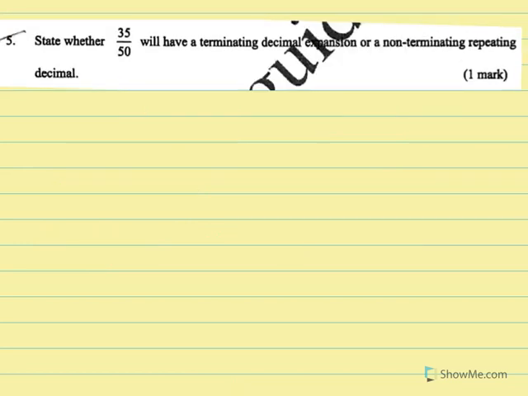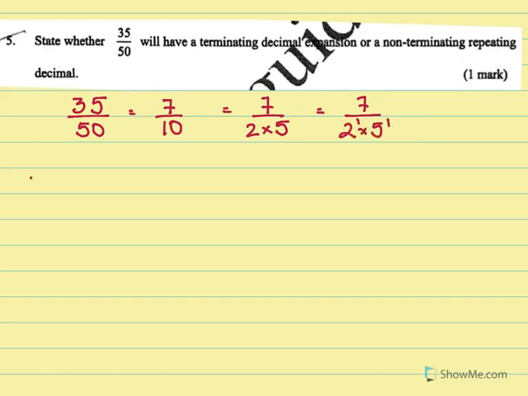State whether 35 over 50 will be terminating or non-terminating. So we have 35 over 50, and if you reduce it by dividing by 5, you have 7 over 10. Now 7 over 10, prime factorization of denominator is 2 into 5. So it is in the form of 2 raised to 1, 5 raised to 1.